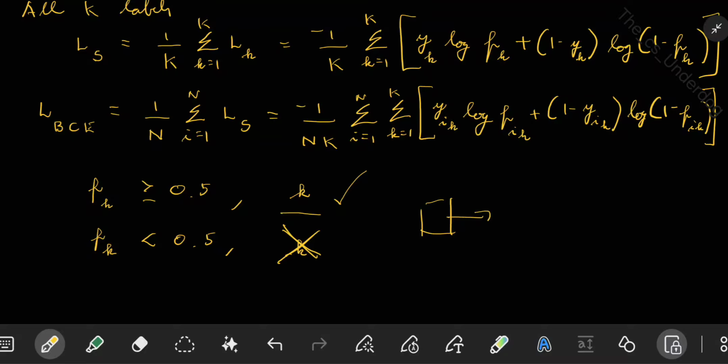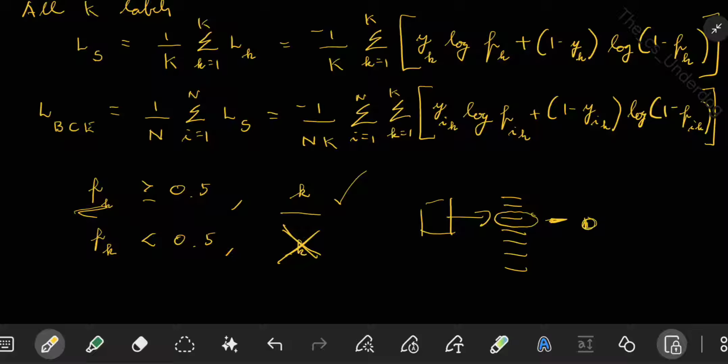You have the model, you have the model's output, then you will calculate the probability corresponding to each class k. Then for one particular class k, how are you going to decide whether it is actually a class to which the sample belongs or not? You will see whether the probability pk is greater than 0.5. If so, you will say yes, it belongs to this class.